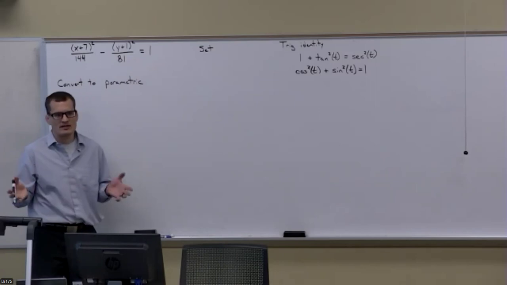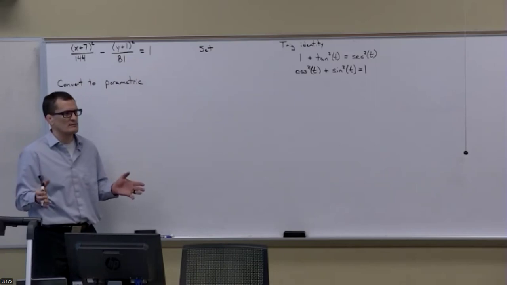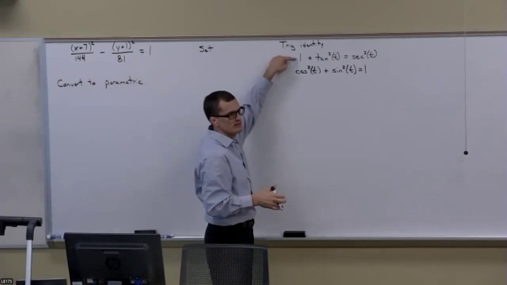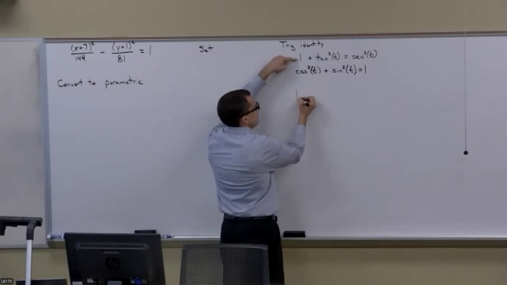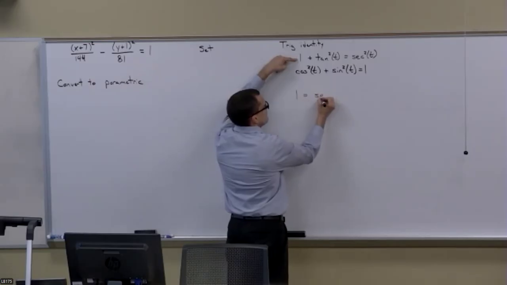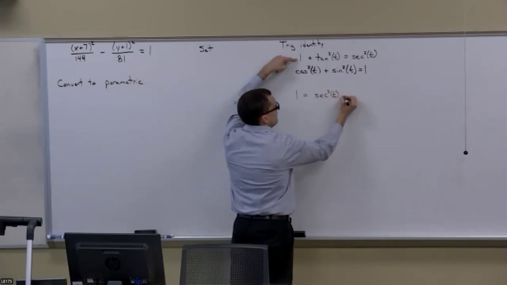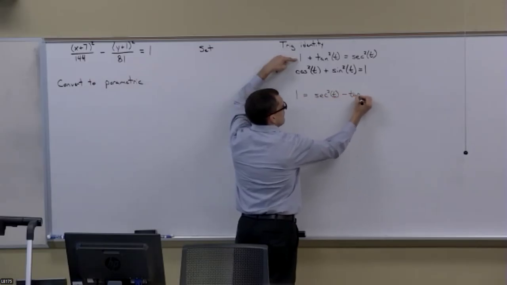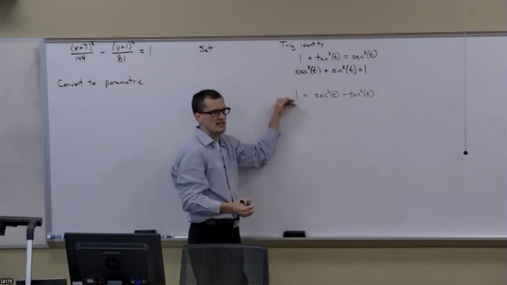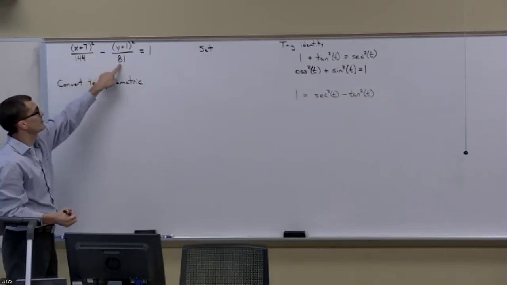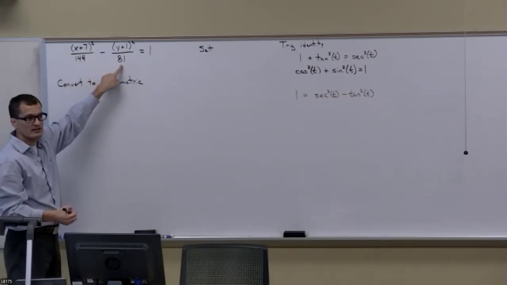You can do this one of two ways, it doesn't matter. You can either rewrite your trig identity to be 1 is equal to secant squared of t minus tangent squared of t. If you want to do it this way, that's fine, and then match it up. This would be the secant squared, this would be the tangent squared.